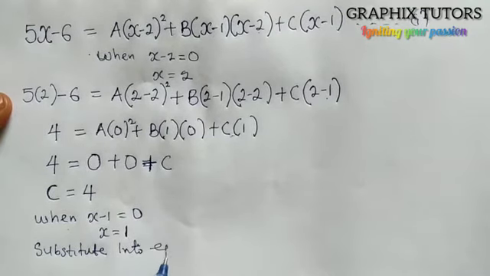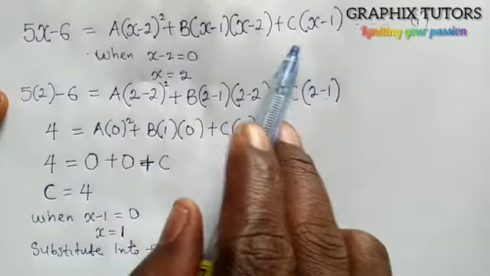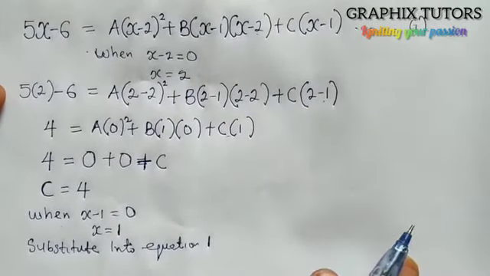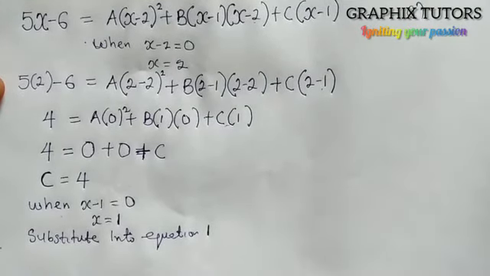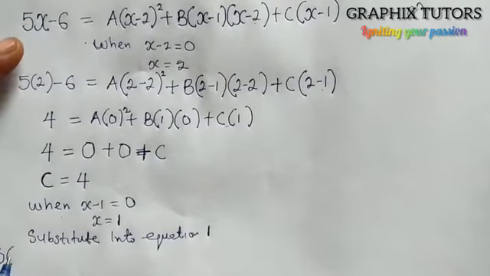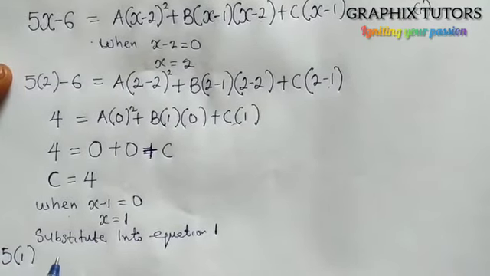into equation 1. So in doing that, this is my equation 1 here. I'm going to put it there and say that 5 into bracket, instead of putting x, I'll put 1, right?